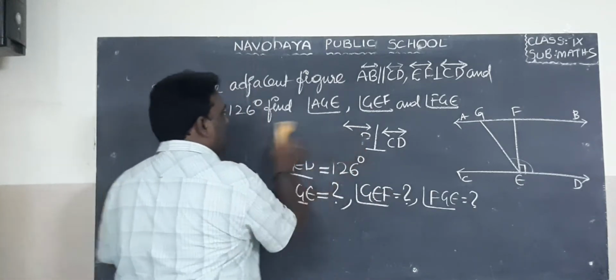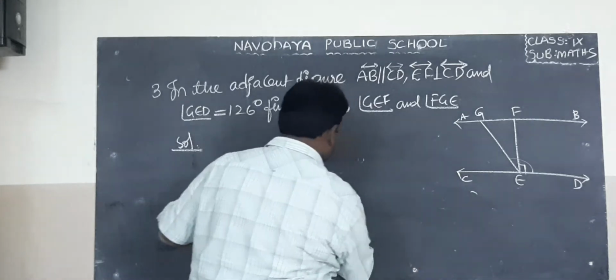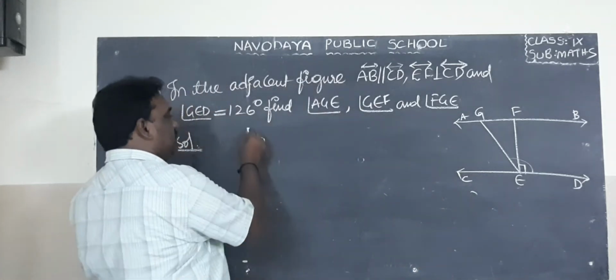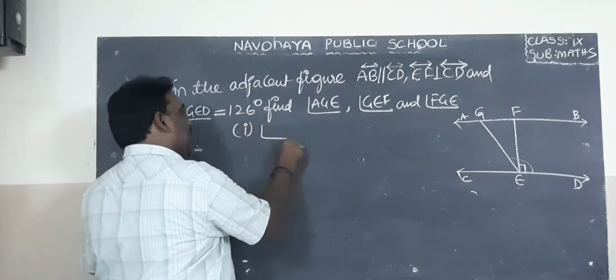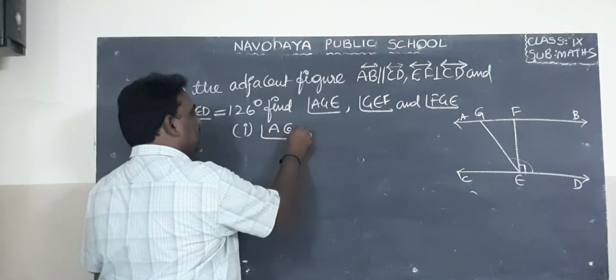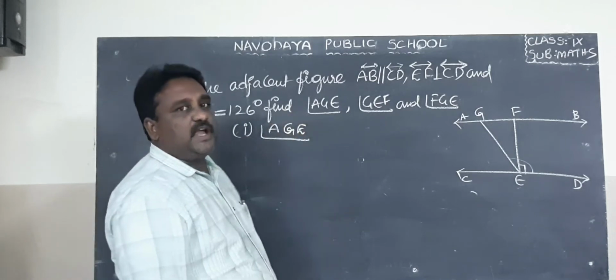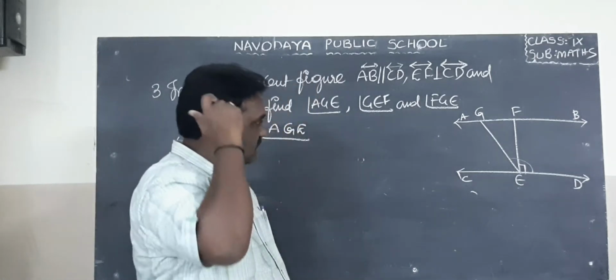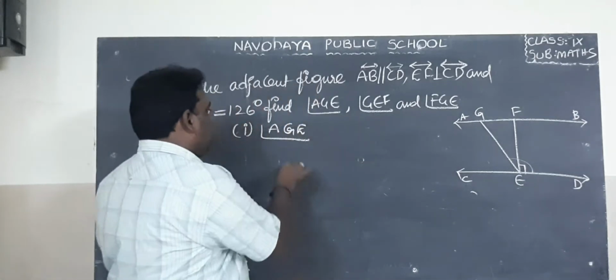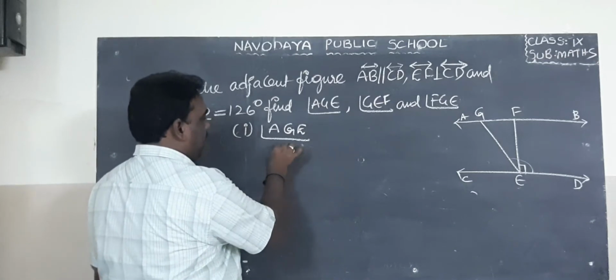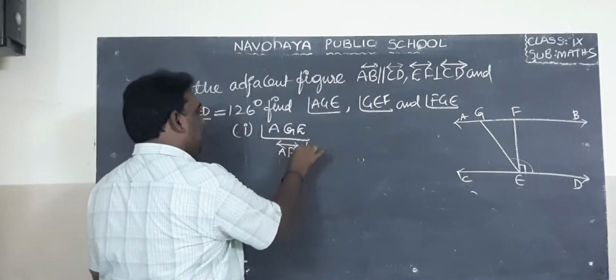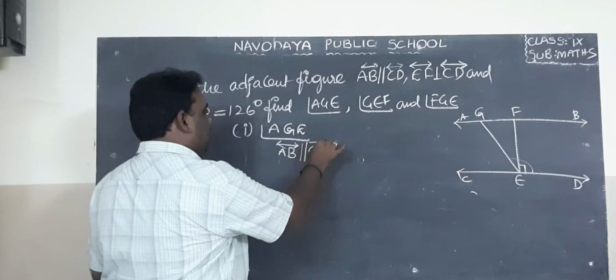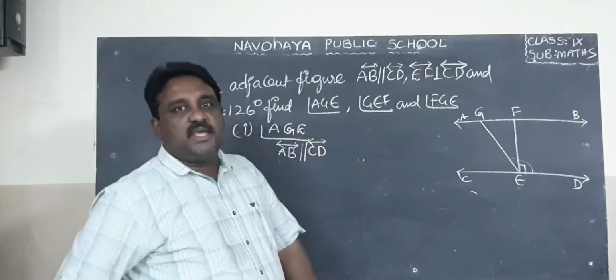Okay? Then first one. First we need to find out angle AGE. See the diagram. How to get the answer? AB parallel to CD. AB and CD are parallel to each other.